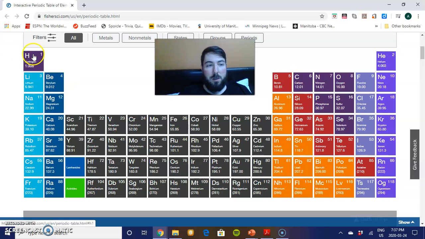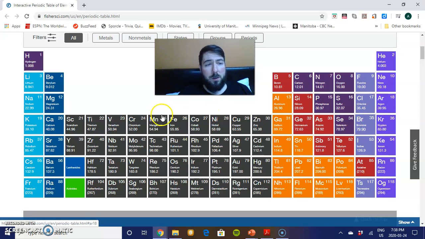So if you look here, if you look at these numbers in the top right corners, notice how they're going up by 1 each time. Hydrogen is 1, helium is 2, 3, beryllium's 4, 5, 6, and so on, all the way up to 118. That's because there are 118 elements that we know of on Earth.